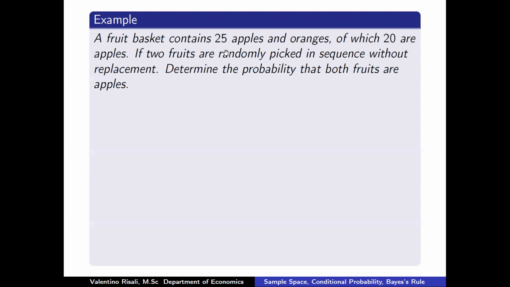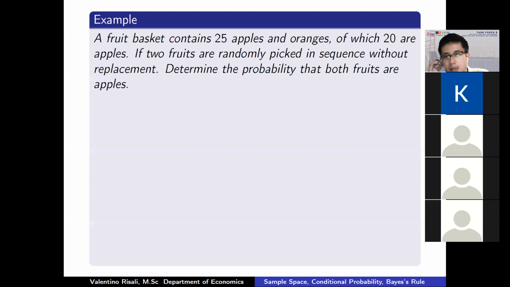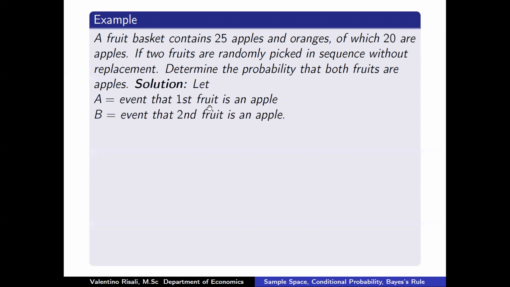Is there any answer from you? Okay, if there is none, we will discuss it together. Firstly, we define A to be the event that the first fruit is an apple. Similarly, we define B as the second fruit is an apple.